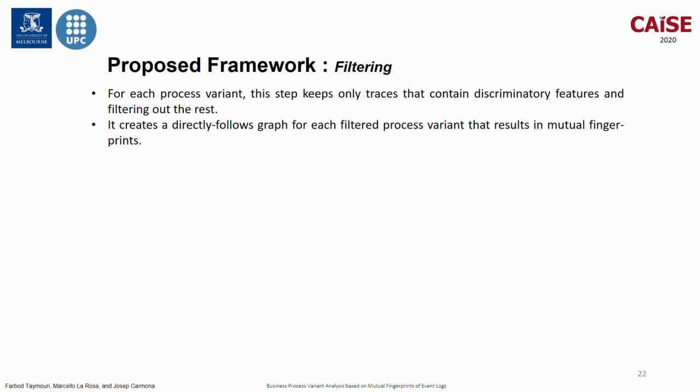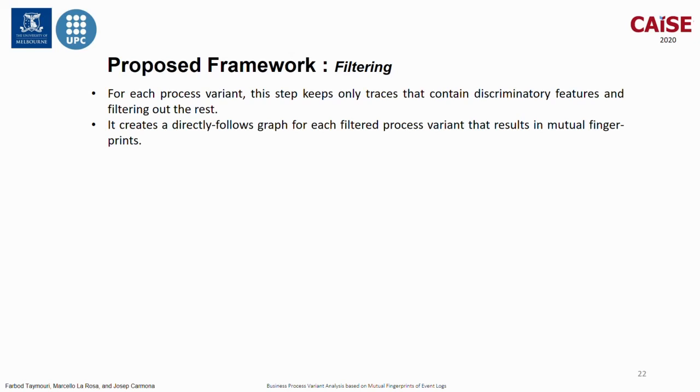So the last part is filtering. Indeed, identifying discriminatory events, though statistically significant, does not provide enough insight for the analyst to understand the existing differences. Thus, one can create a directly follows graph for each process variant by only considering those traces that carry information about the discriminatory parts.